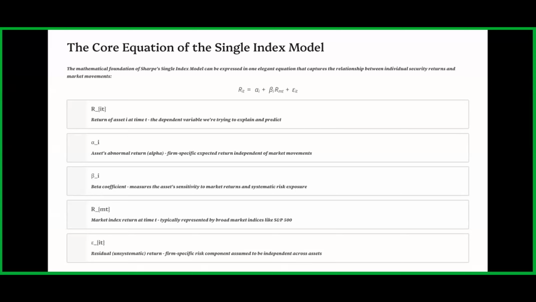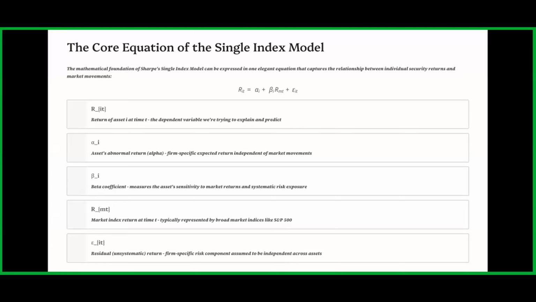The market index return at time t typically represents broad market indices like the S&P 500. So the returns are obtained as per the index, or for different sectors, different specific indices.